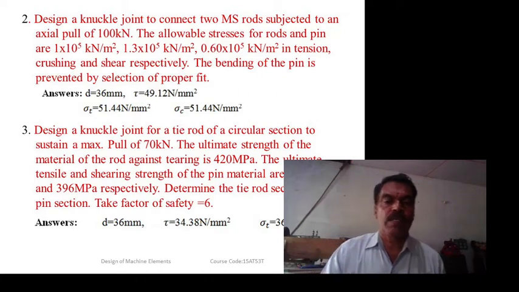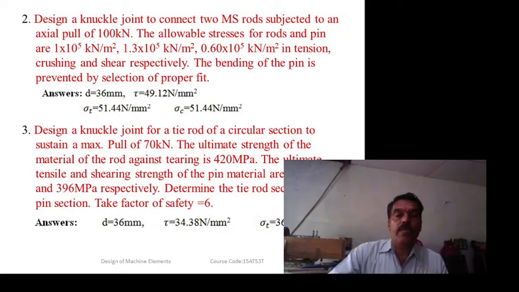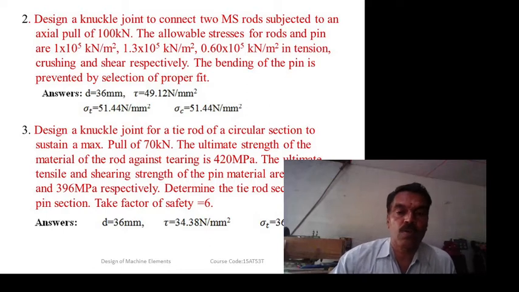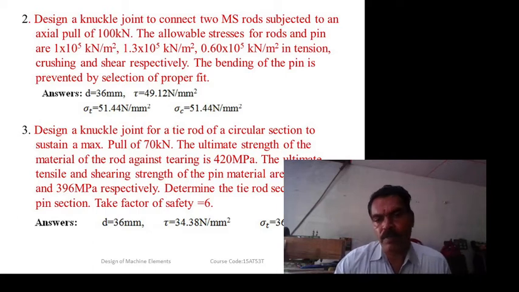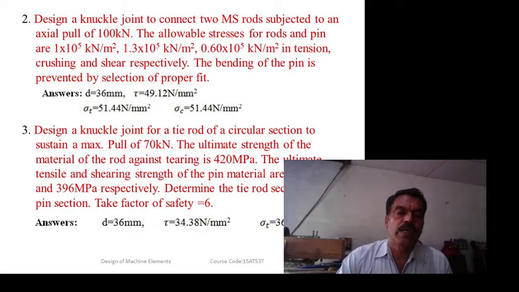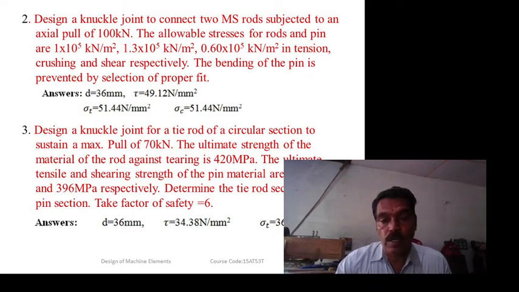When the factor of safety is given, at that time you have to calculate the working stress: ultimate stress divided by factor of safety gives the working stress. This point is very clear. When the factor of safety is given, you should not forget it, so you have to consider it.